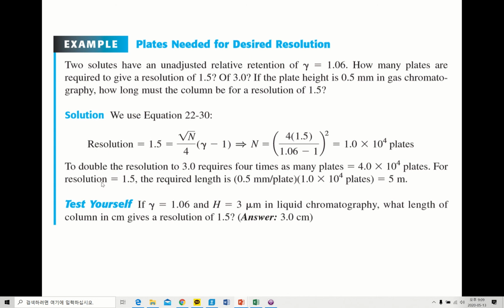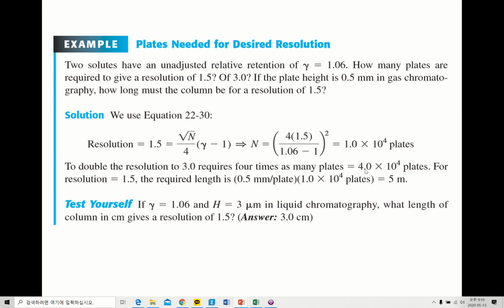To double the resolution to 3.0, we don't need to calculate this again. Why? Because the resolution is proportional to the square root of n. Now the resolution goes from 1.5 to 3.0, a 2 times improvement, so the number of plates must be 4 times larger.